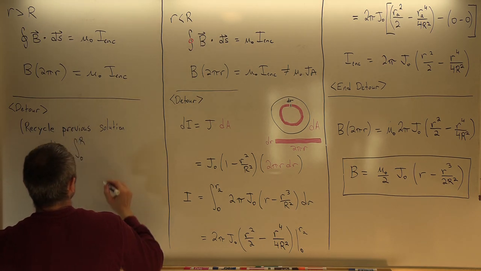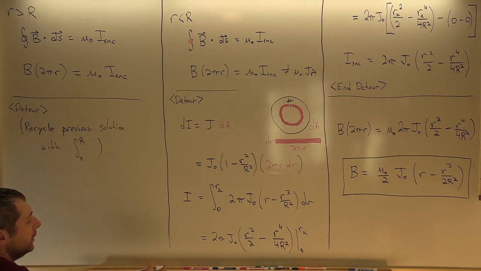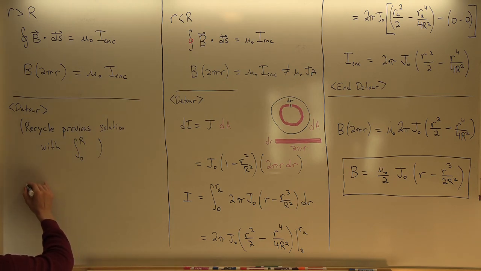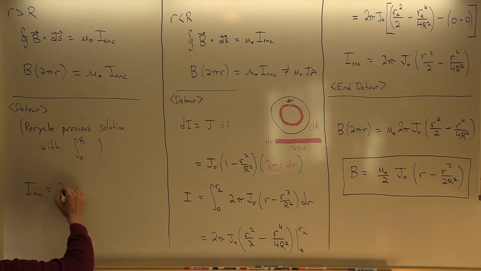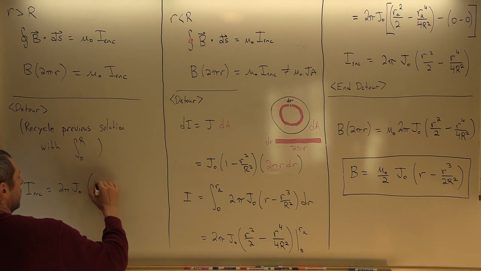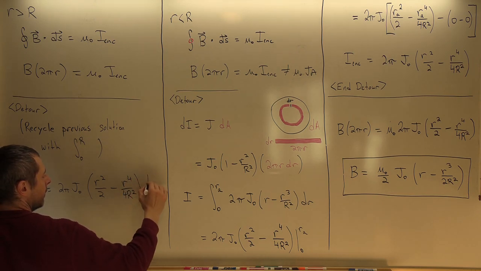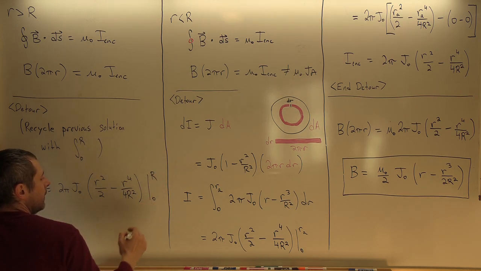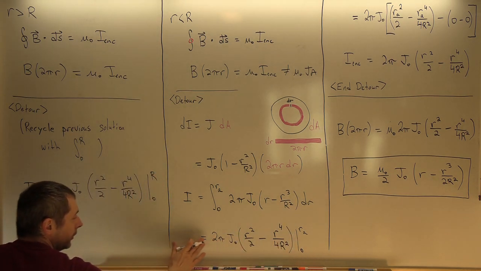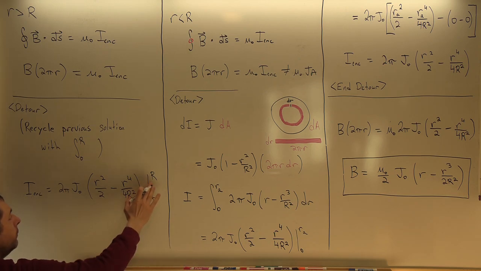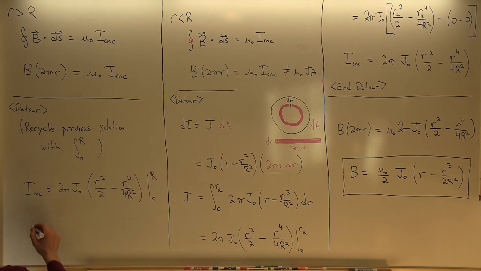So we're just going to integrate from 0 to capital R. So we could go right here and say that I enclosed is the integral from 0 to capital R. So I just took this formula right here, rewrote it, and changed the limit for plugging in.